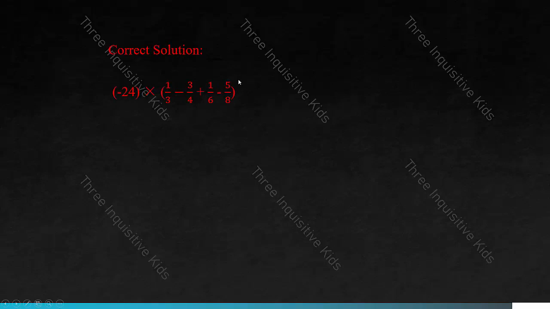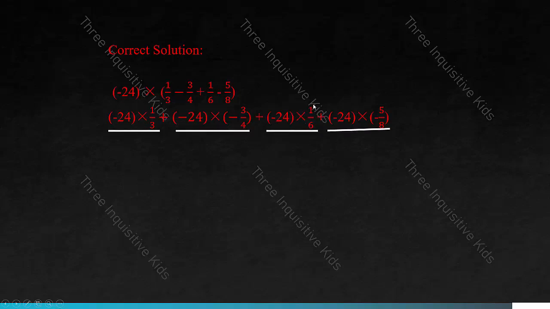We have negative 24 times the sum of 1/3, negative 3/4, 1/6, and negative 5/8, right? And you have to know that this is a negative 24, so be sure to never drop the sign. It's negative 24 times 1/3 plus negative 24 times negative 3/4, because this 3/4 is actually a negative term, plus negative 24 times positive 1/6 plus negative 24 times negative 5/8.